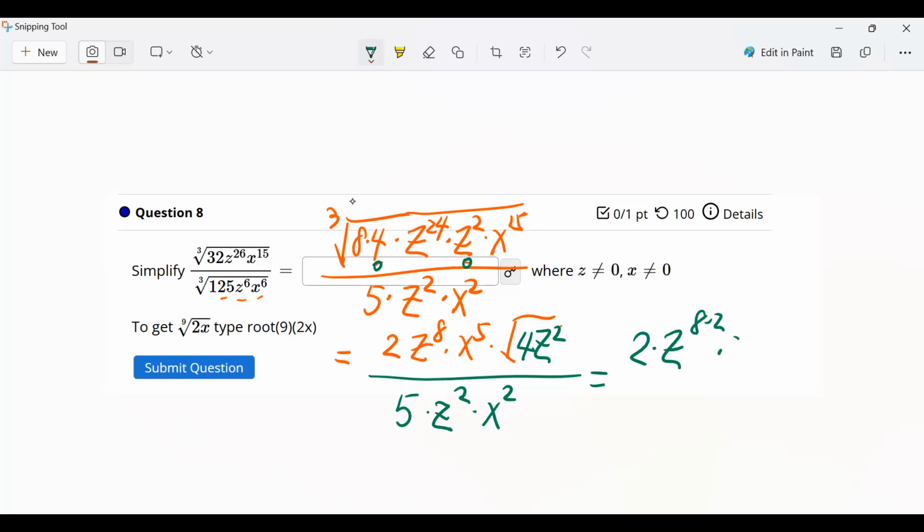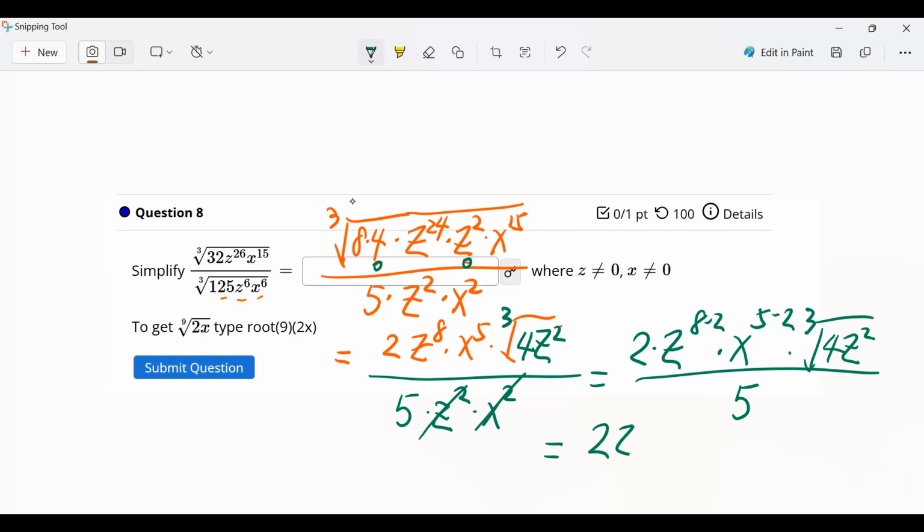And then for x, it's 5 minus 2. And cubic root of 4z squared. On the bottom, this is gone. 25 left. Now it's a 2z to the 6. And then x to the 2nd times cubic root of 4z squared over 5.